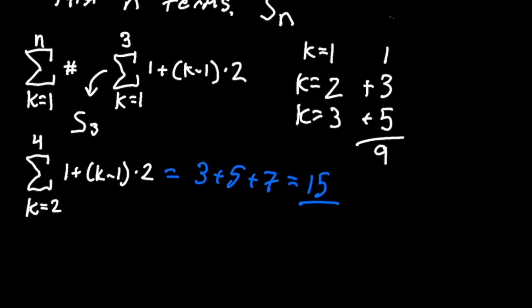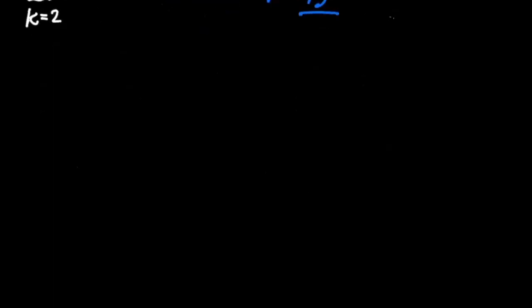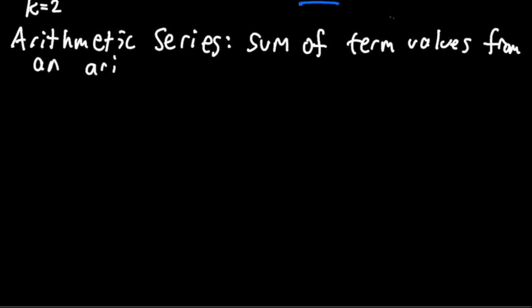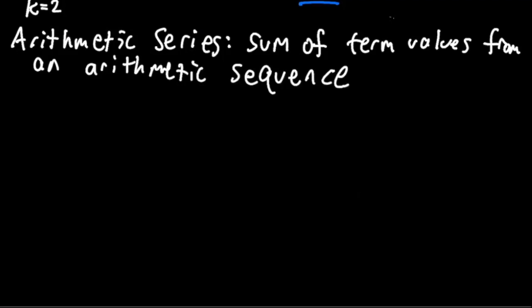We can describe series using 2 different labels. First, there are arithmetic series. Arithmetic series are looking at the sum of term values from an arithmetic sequence. So we're adding up the term values from a sequence that is arithmetic.